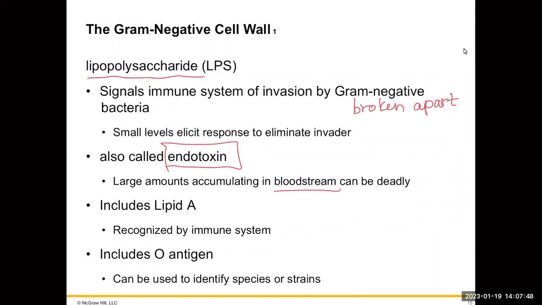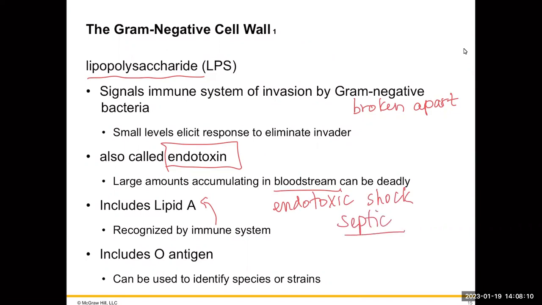The LPS can trigger a very extreme immune response called endotoxic shock, kind of like septic shock if someone is septic.